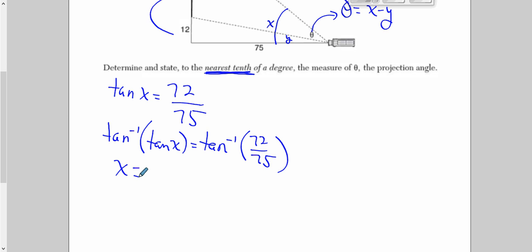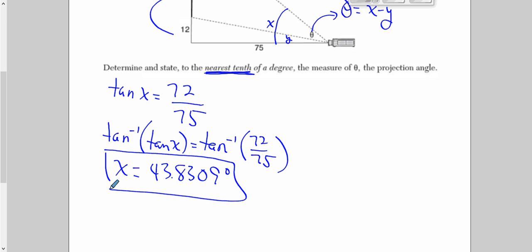All right, so we got X equals, let's see here, I did something. 43.8309. Okay, so that's that angle. Now I'm going to find Y. Opposite, adjacent, 12 and 75 now, right?